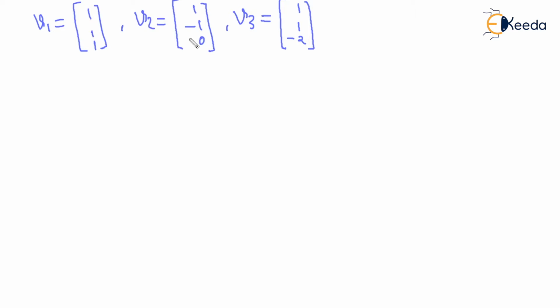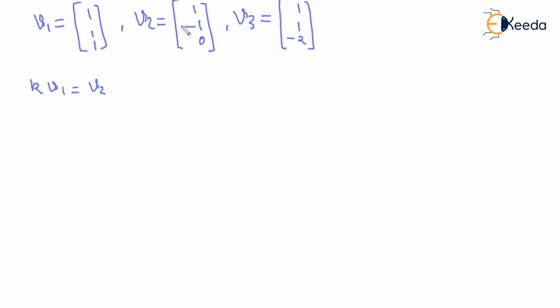Now in the first case, if V2 was parallel to V1, there should have been a scalar K such that K times V1 gives V2. But you see, this is 0 and this is a non-zero value. No such scalar value can give this 1 to be 0 without making the other elements 0 as well.